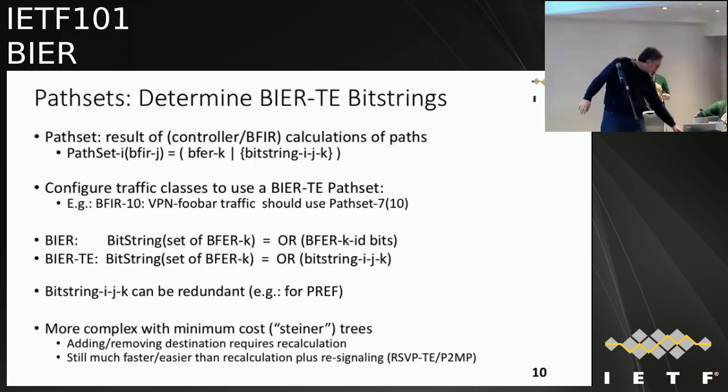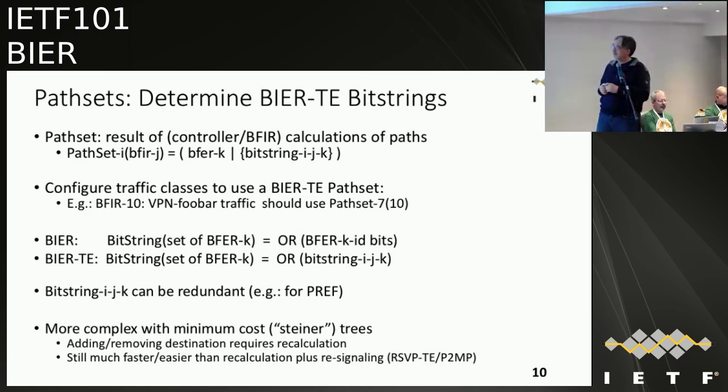Next slide. Right. So what we haven't described that well in the BIER forwarding architecture, which is more interesting for the controller, is how you think on the sender side application about setting the bits for a particular set of receivers. Normally in BIER, it's just one bit per receiver.